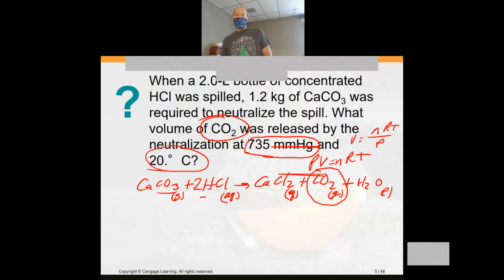In order to get moles of CO2, we have a mass of calcium carbonate. You can convert this mass in kilograms into grams of calcium carbonate, use the molar mass to convert it into moles of calcium carbonate, and then use the 1-to-1 mole ratio to get moles of CO2 that we can then put into PV equals nRT to solve for the volume.